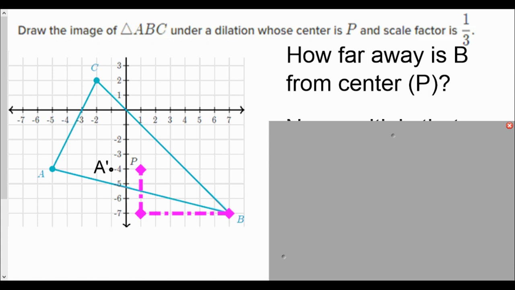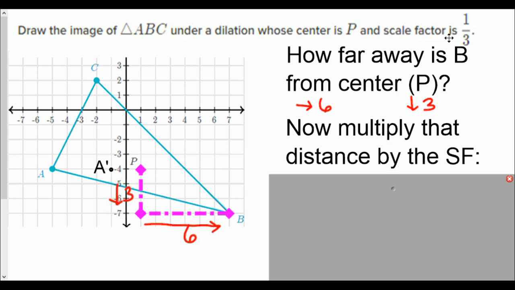So let's see, how far did I move to the right? 6 spaces, 6 units. And how far below was it? 3. So point B is 3 below, and it's 6 to the right. So let me just make a note there with the arrows. Okay, so it's 6 to the right, and it's 3 below.